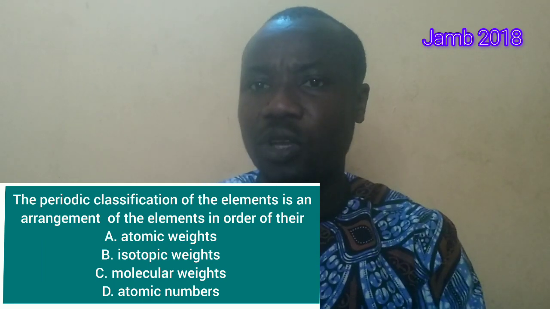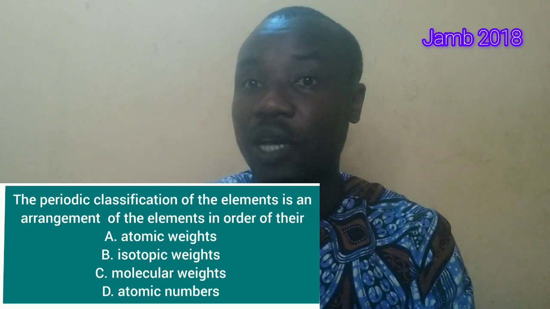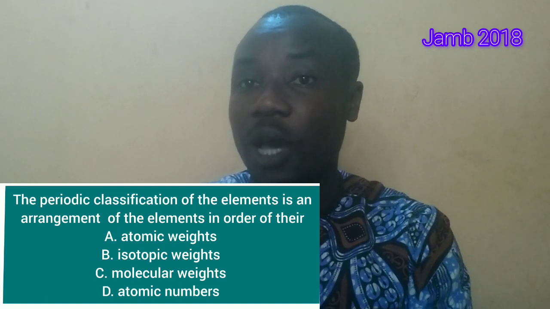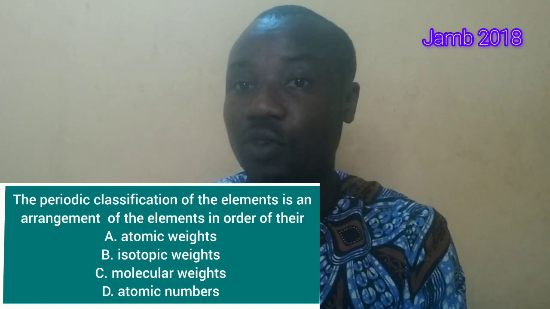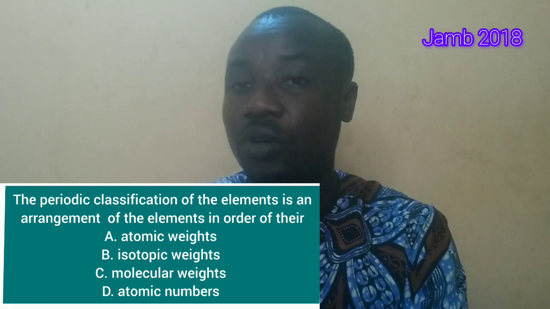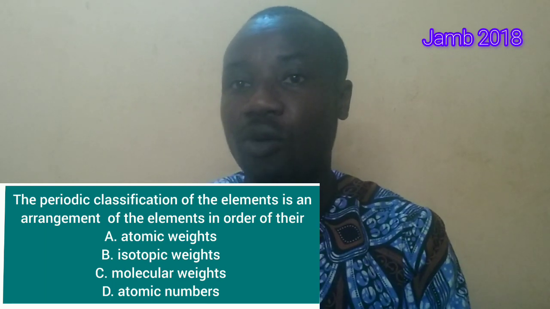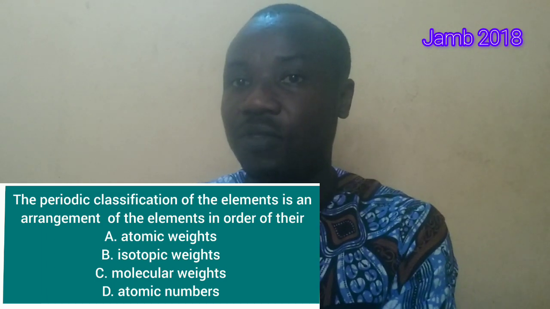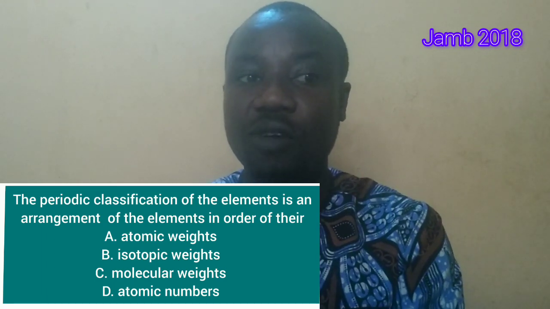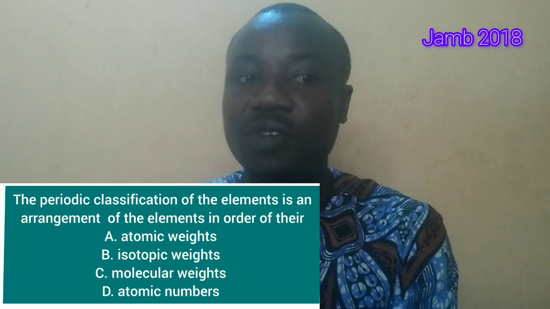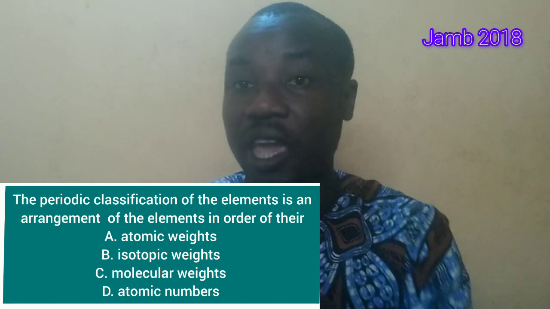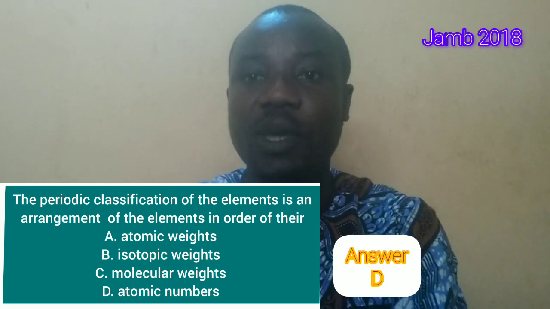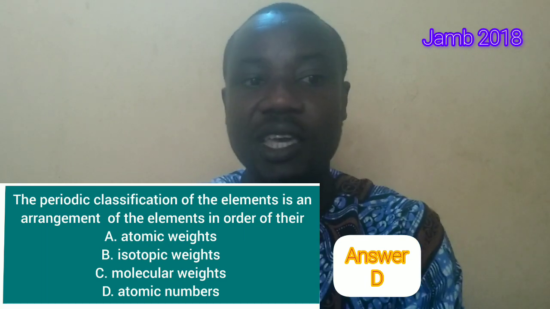And when you look at period 3, for example, where you have sodium, magnesium, aluminum, silicon, phosphorus, sulfur, chlorine, and argon, look at it from 11 to 12, 13, 14, 15, 16, 17. That is in order of their what? In order of their atomic number. That's what they use in arranging the elements in the periodic table. So the right answer is atomic number. I hope you get that.